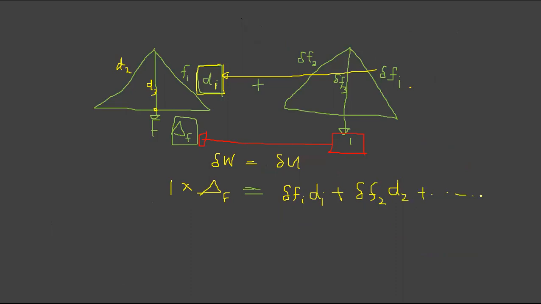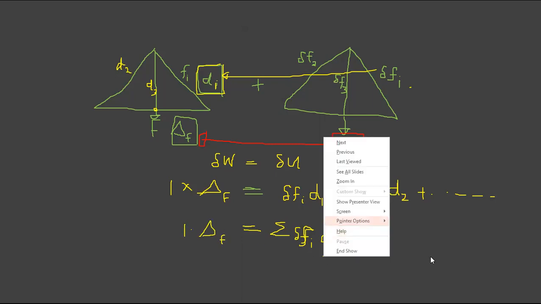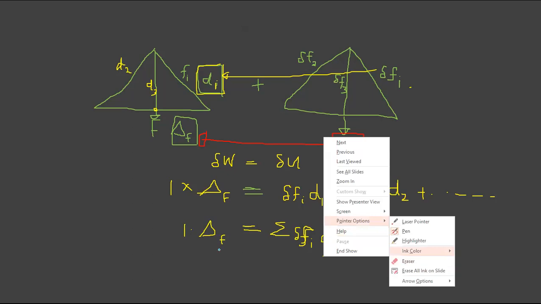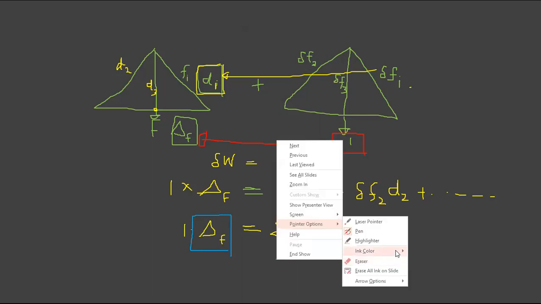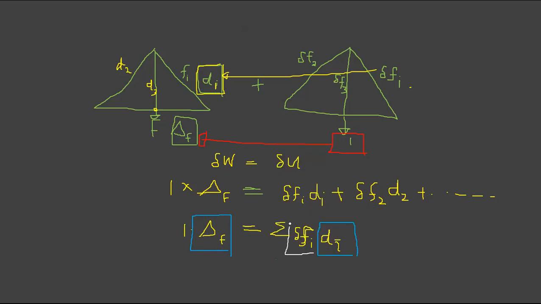Likewise, you have to add. So what this really means is the sum of delta Fi into Di. You're going to have to remember this, it is very easy, right? This is for the actual displacement. So the remaining is virtual, right?